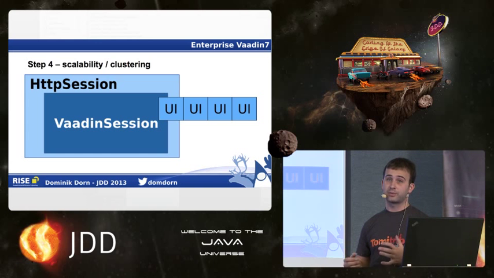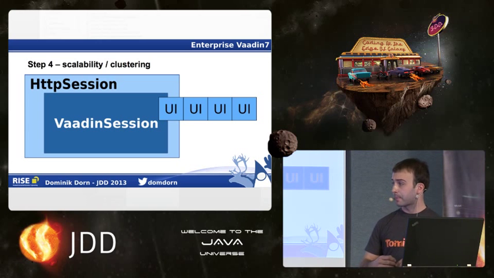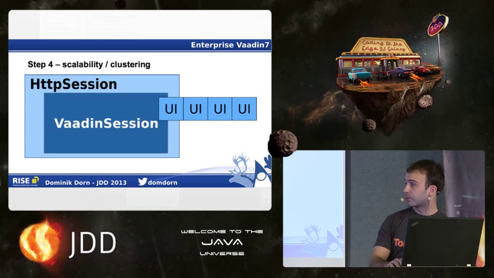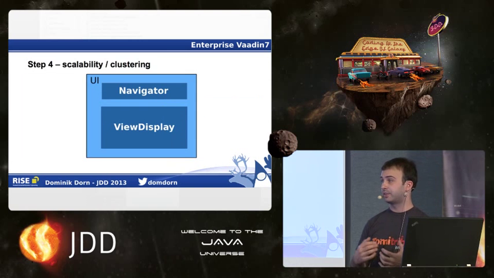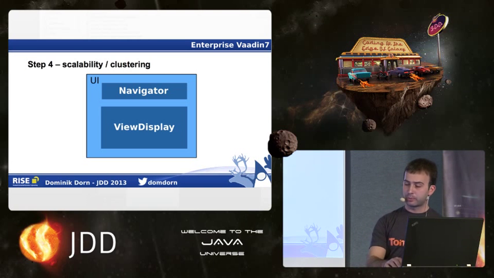So if you have lots of components on your screen, all these components get stored in the HTTP session, and this gets messy quite quickly. So basically you always have your UI, the UI is your base class, and in the UI you should have a navigator and a view display, and the navigator then can decide which view should be displayed in a view display.